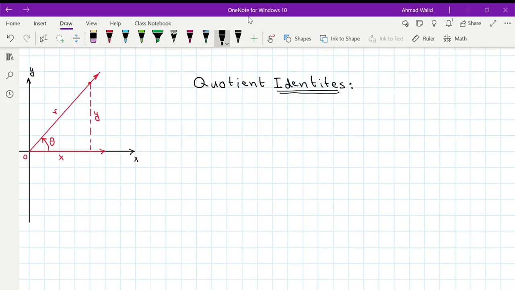For example, when you write (a plus b) squared equals a squared plus 2ab plus b squared, in algebra, we call this one an identity. Or when I'm writing x squared minus a squared equals x minus a times x plus a, we call this identity.